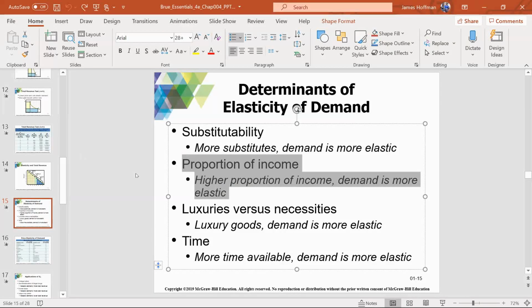Okay, and normally the higher the proportion of income the good is, the more elastic it is. The best way to think of this is things that would take up a big chunk of your income but are not everyday items, like vacations.